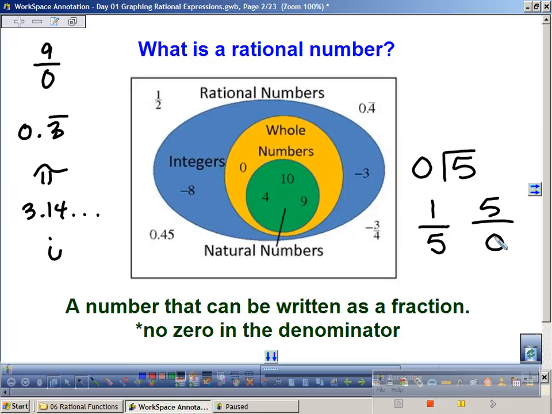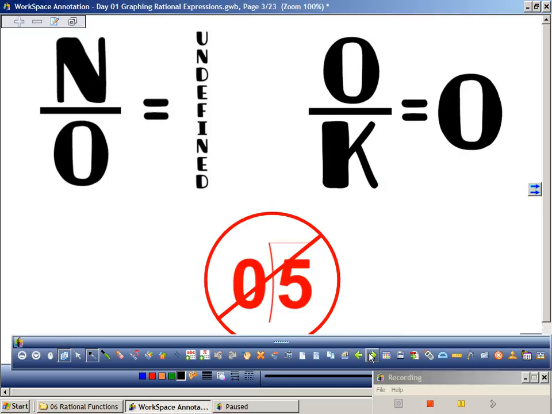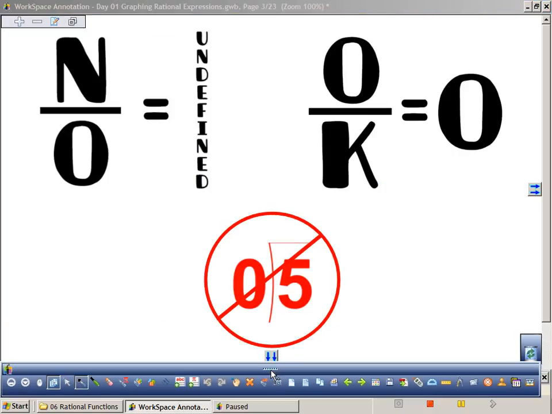No, it's impossible, right? You can't get 5 shots when you didn't take any shots at all? Okay. That's the best analogy I've ever heard. You borrowed it, and now I'm going to borrow it from you. So 5/0 is undefined. You can't do that, since it's got a 0 in the denominator, right?